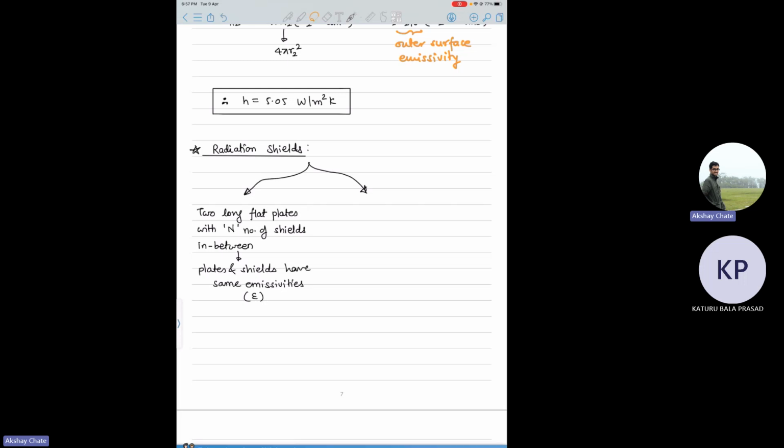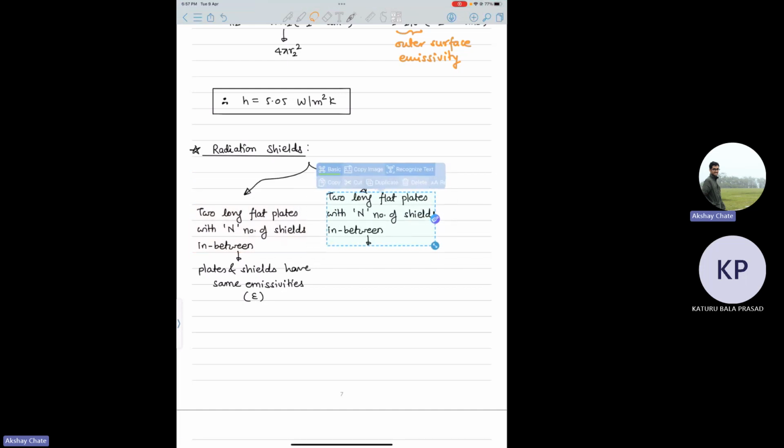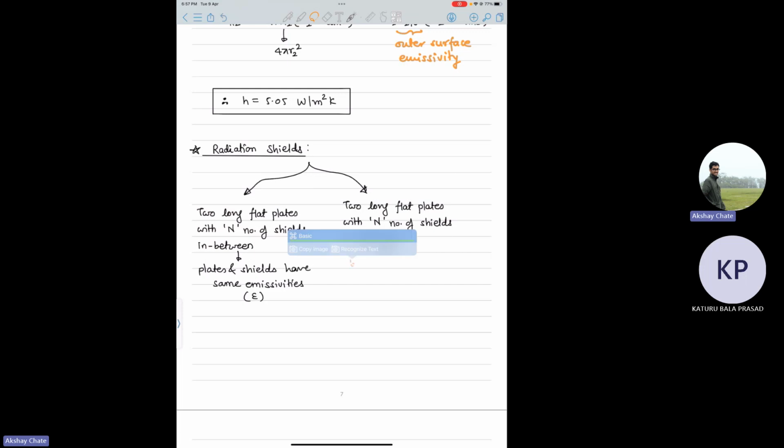The second case is where your plates and shields have different emissivities. Again, you have long flat plates with n number of shields in between, but the emissivity of the plate will not be equal to the emissivity of the shield. This is a less common case, but you should know about it.